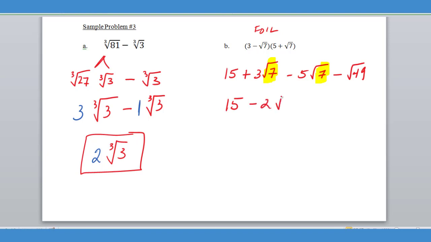So that'll be 2 square roots of 7, and then minus the square root of 49, which is simply 7. And then we can't forget that 15 and 7 are considered like terms as well. So we have 8 minus 2 times the square root of 7. And that'll be our final answer for that problem.